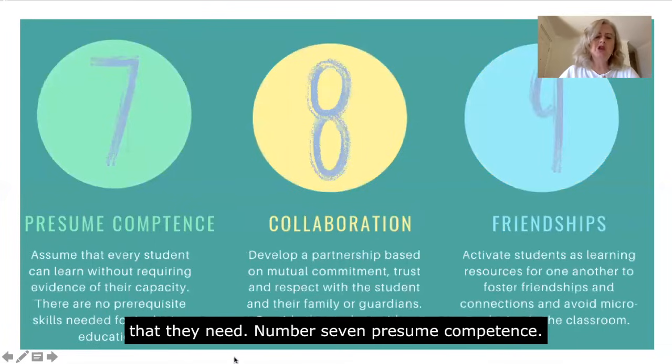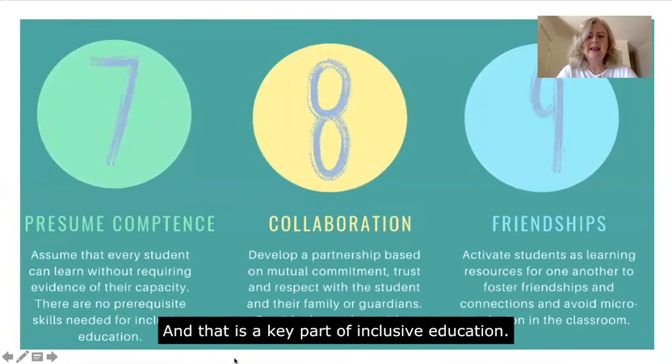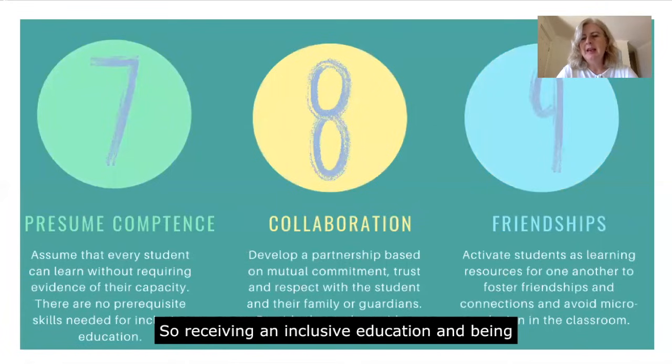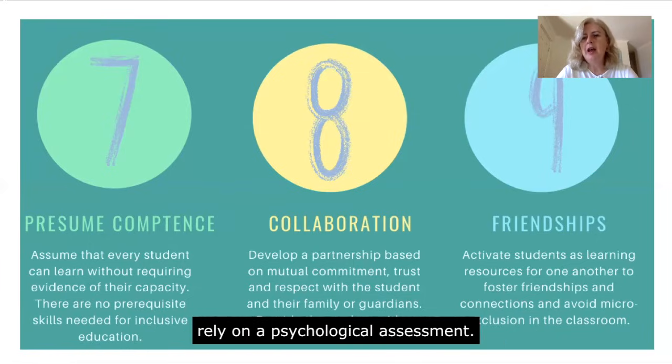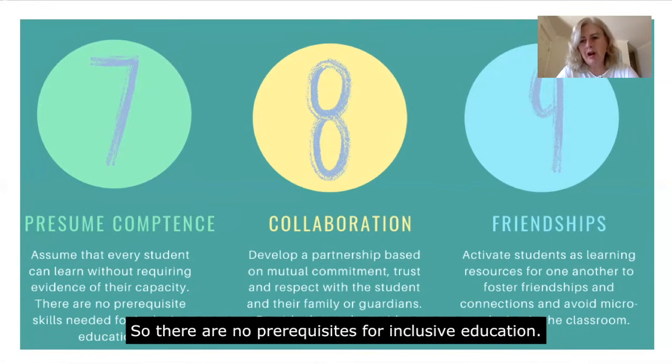Number 7, presume competence, and that is a key part of inclusive education. So receiving an inclusive education and being placed in an inclusive education classroom does not rely on a psychological assessment. So there are no prerequisites for inclusive education.